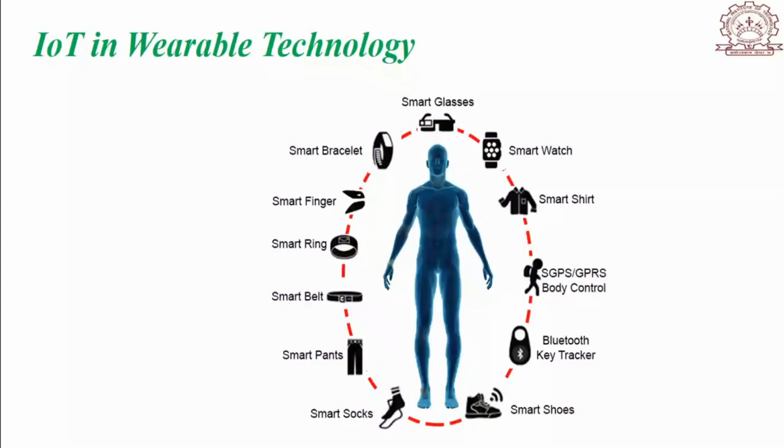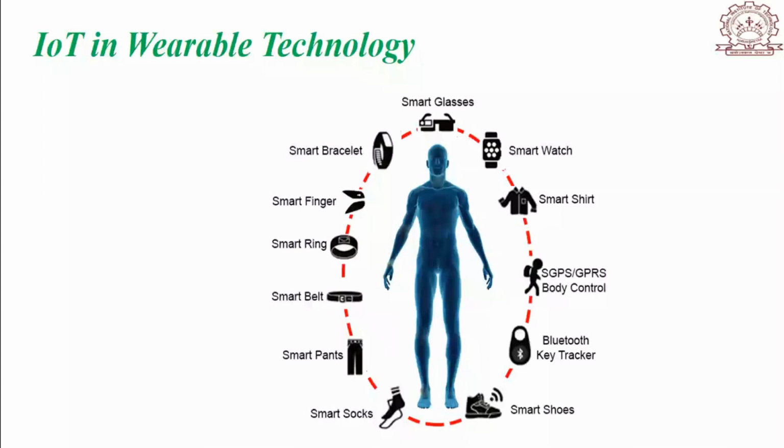Next is IoT in wearable technology. It is already coming, and it will increase in the next decade, the next 10 years. So smart glasses, a smart bracelet. Some wearable technology will also give you information about your health conditions.